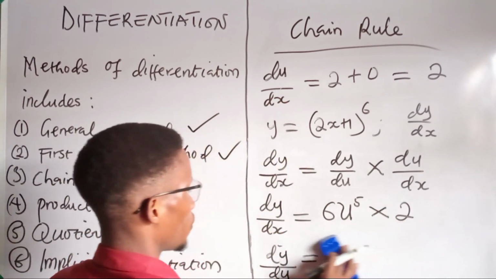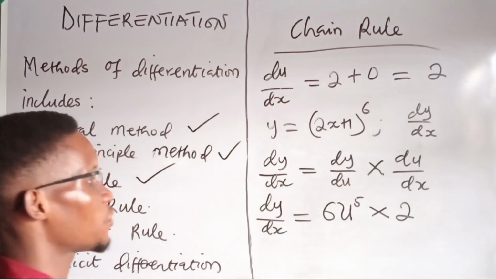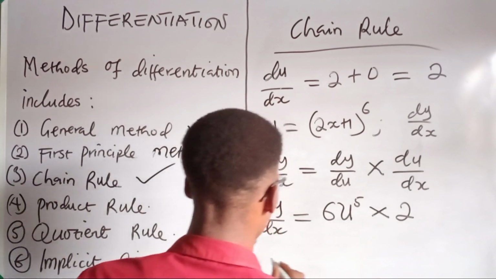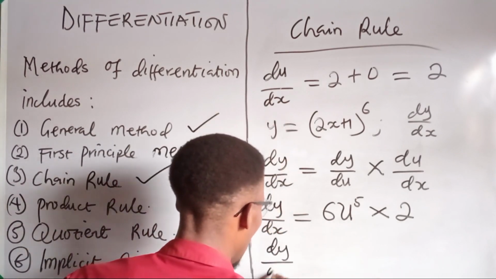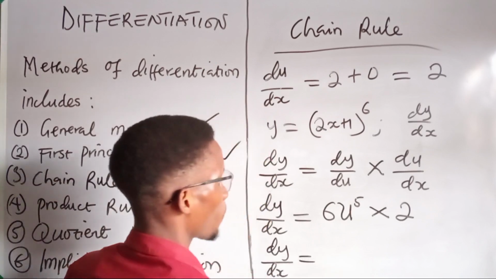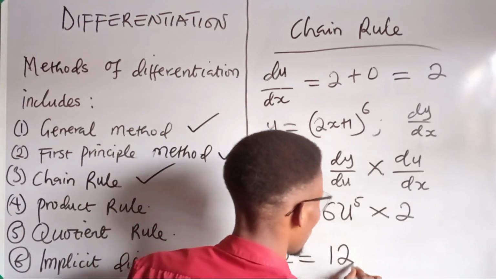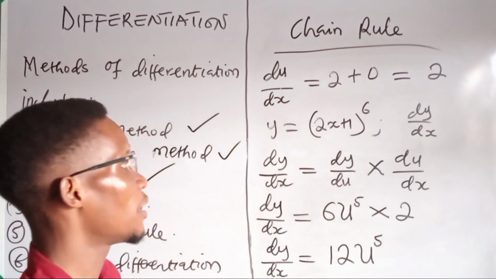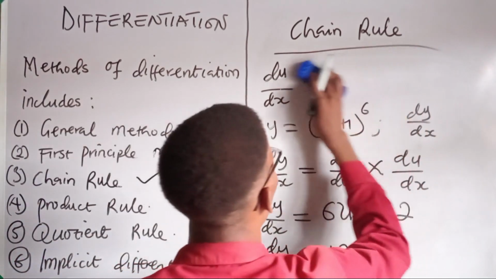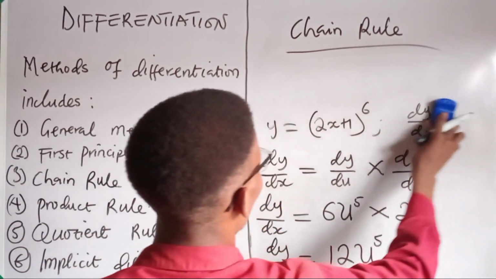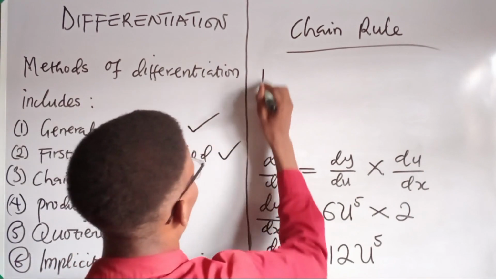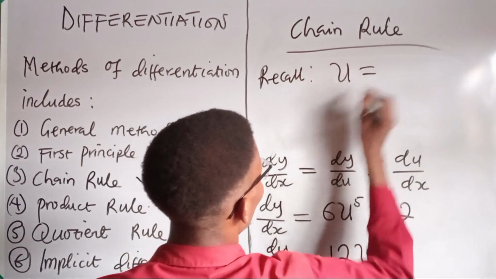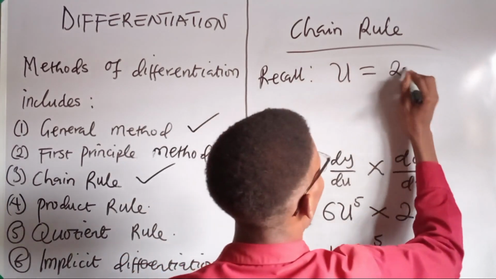So now what you need to do is multiply this together. We are going to have dy over dx is equals to 12u raised to power 5. Then we can recall that we were given u to be 2x plus 1.